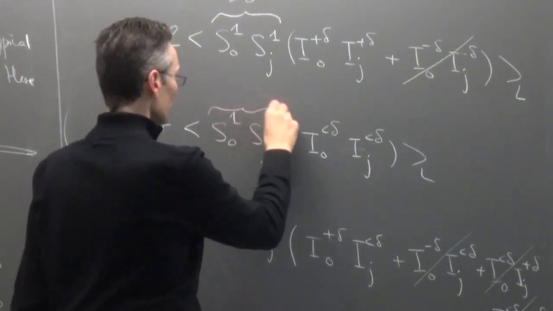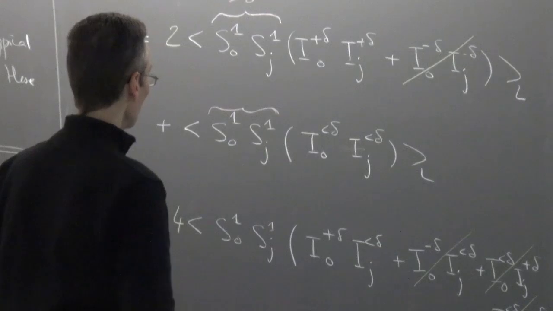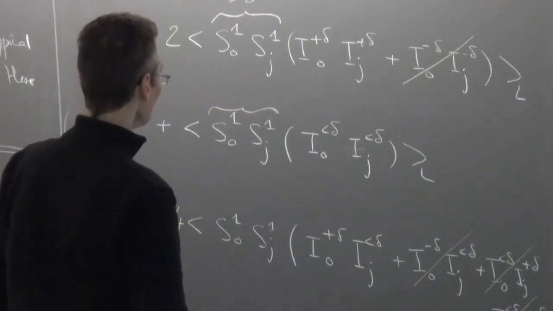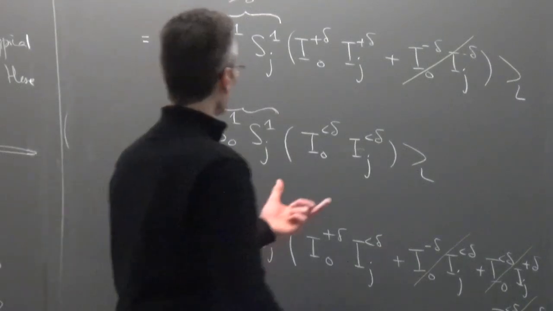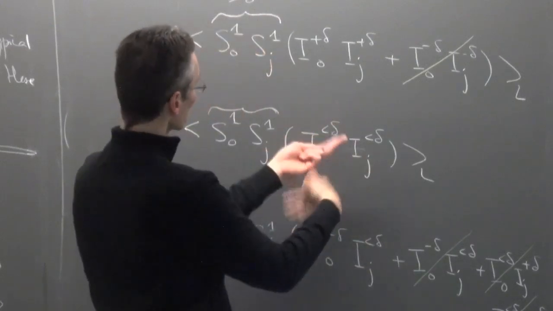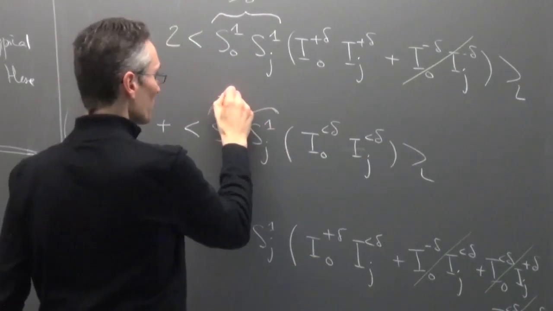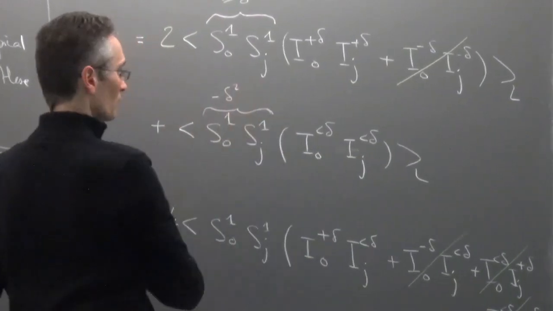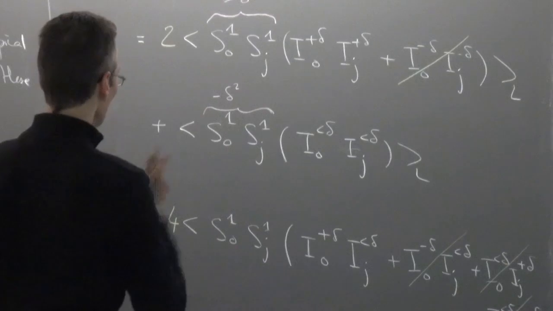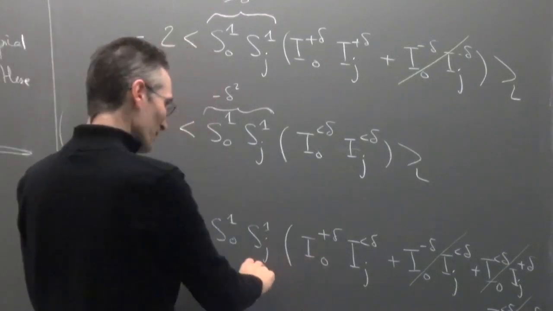Here, let's see. So here the worst that can happen, I mean, they could point in different directions, so the sign could be bad. So you could get at worst something like minus delta squared, if I'm not mistaken. I'll check my computation before going on afterward.